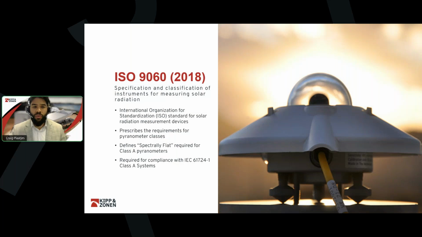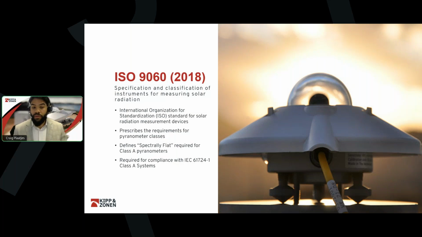So one of the key concepts that is introduced in the 2018 standard is spectral flatness. And this is the requirement that a Class A instrument has uniform sensitivity across the solar spectrum. This essentially means it gives the same response irrespective of which wavelength of solar radiation is hitting it.